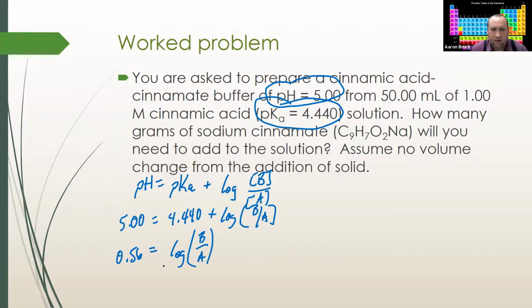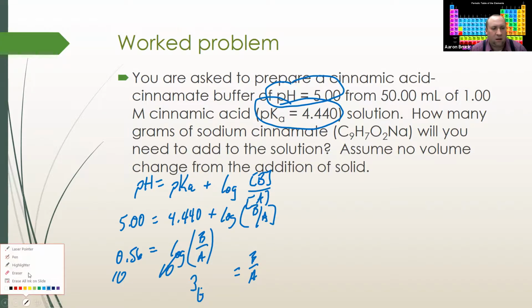To get rid of the logarithm, I need to take the anti-log of both sides. So 10 to the log is going to give me B over A over here. 10 to the 0.56 is going to give me 3.63 over here. Now, how do I interpret this?